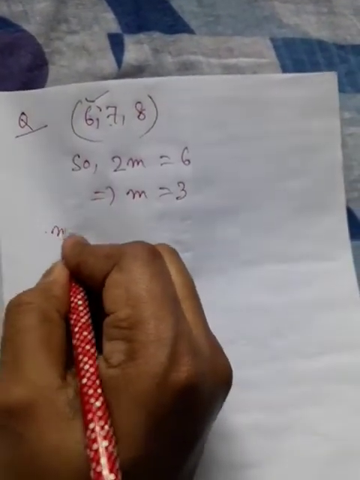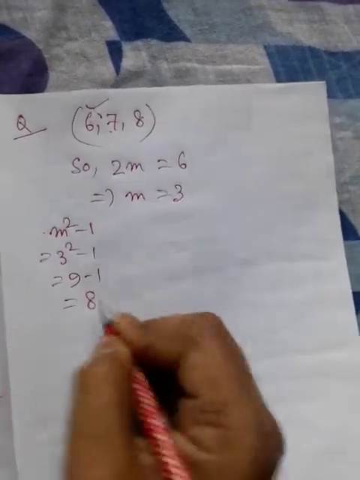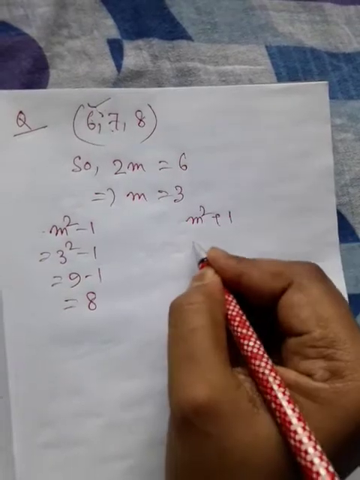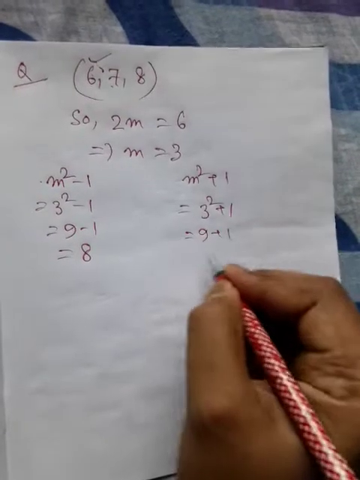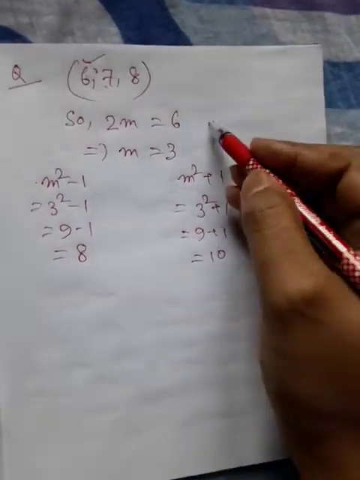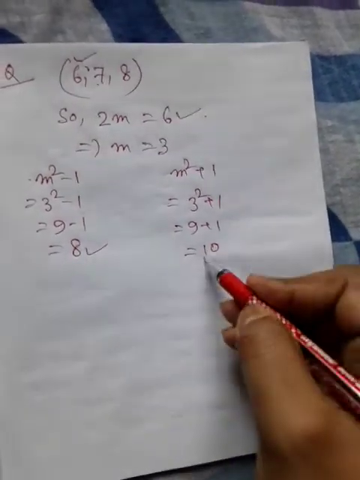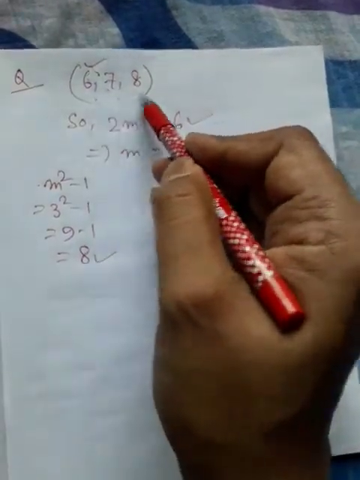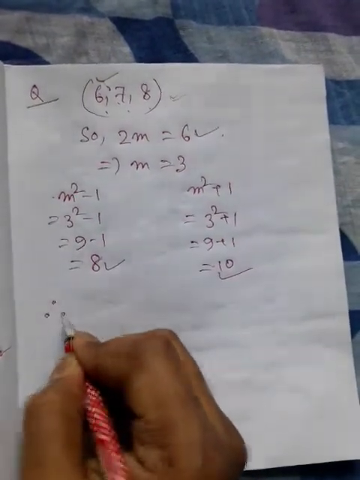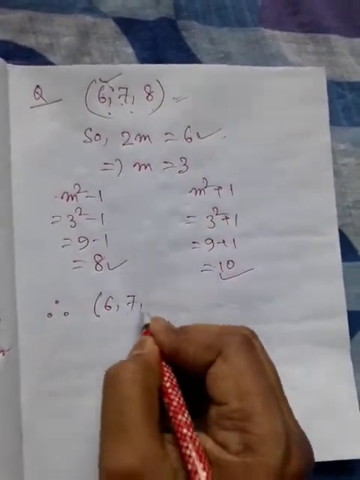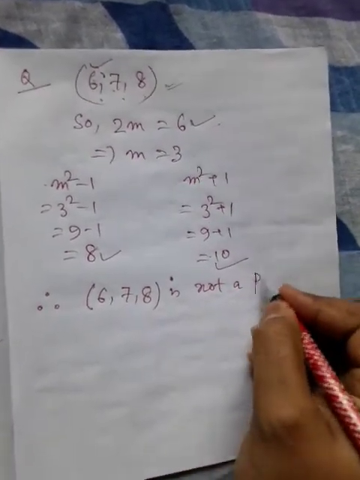Now find m square minus 1 equal to 3 square minus 1, that is 9 minus 1 equal to 8, and m square plus 1, that is 3 square plus 1 equal to 9 plus 1 equal to 10. Now see, we have got 6, 8 and 10, but the given one is 6, 7 and 8. So it is not matching with this. Therefore 6, 7 and 8 is not a Pythagorean triplet.